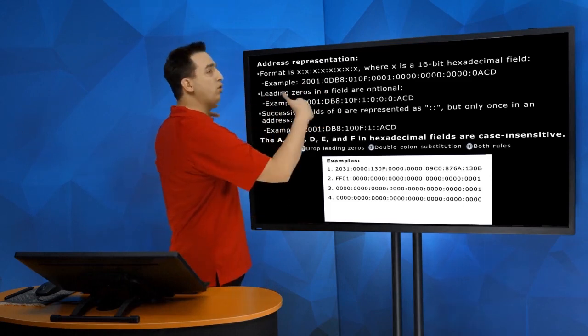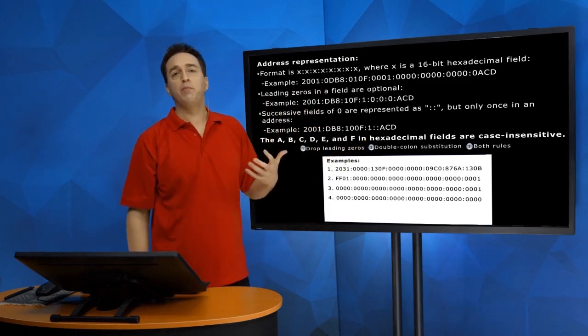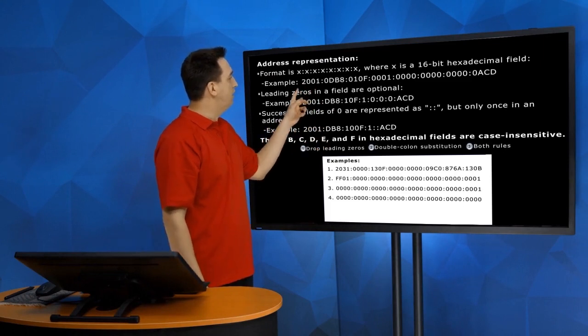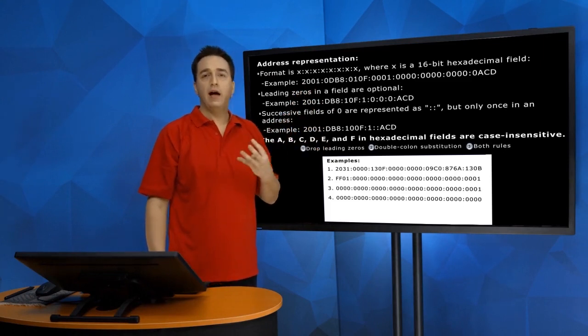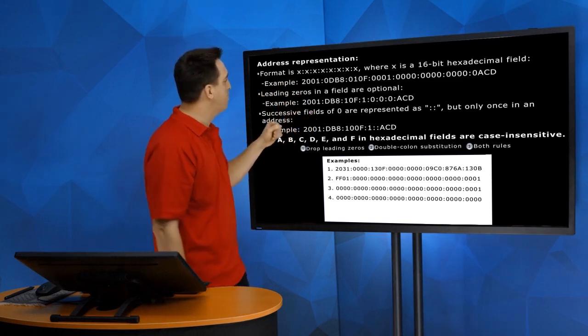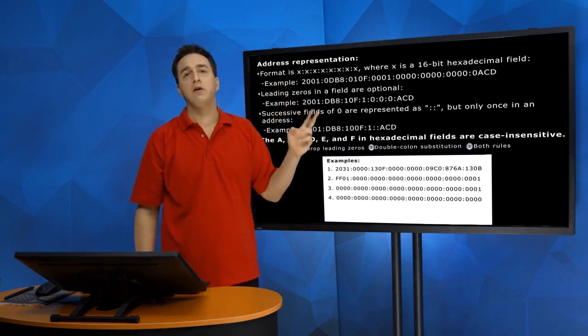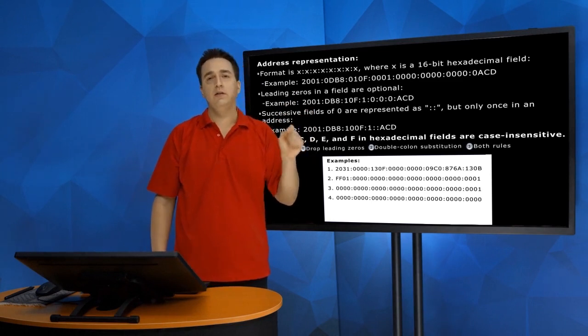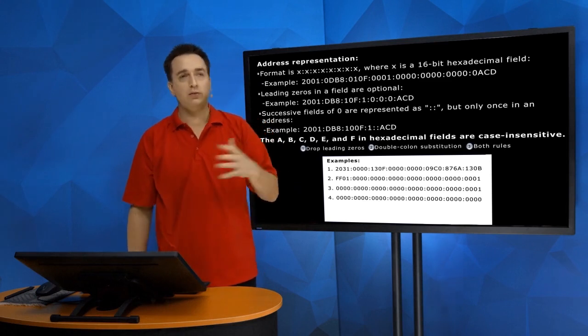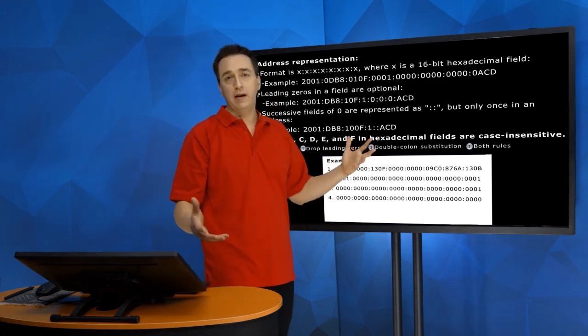So let's look at a complete example of an IPv6 address. Here's our first field. Notice there's 4 hexadecimal characters, 2001, for a total of 16 bits. If you broke that into binary, you'd have 0010, 0000, 0000, 0001. That's really what that whole field would look like in binary.